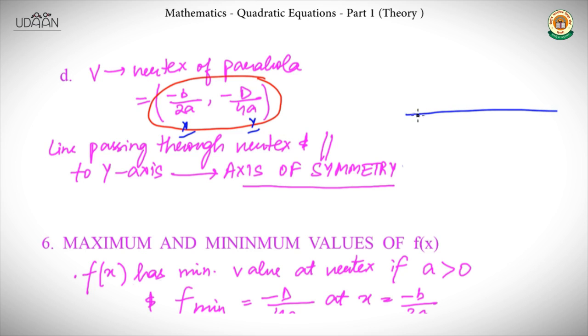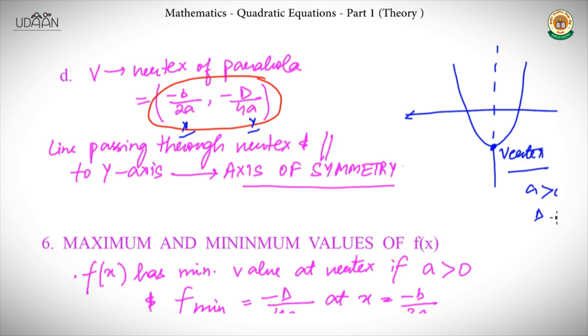That is, if we define our parabola to be of this form, then this is our vertex, that is minus b by 2a comma minus D by 4a, and this is the graph for a greater than 0 and D also greater than 0. These are the two roots, that is alpha comma 0 and beta comma 0. This is our axis of symmetry.